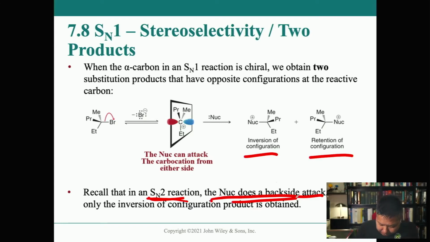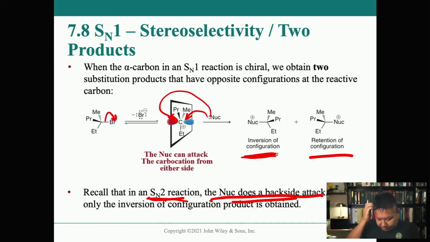But here, since the bromine is leaving on its own, the nucleophile can attack on either side, that way or that way. If it attacks only from the backside, you get the inversion, where all the substituents are inverted, and you get a different chirality, a different configuration.